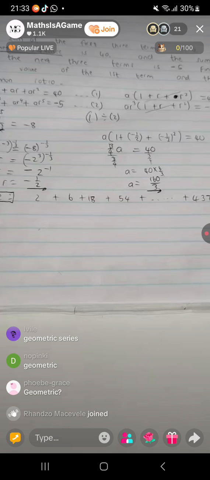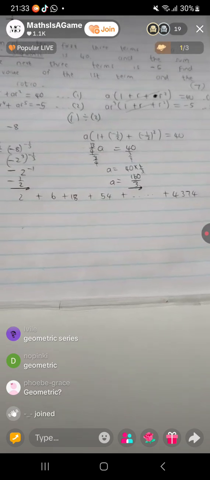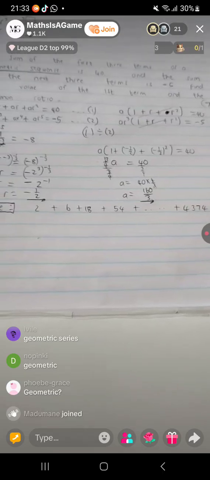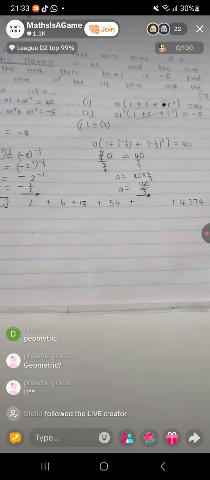Because we must be sure. We can't be iffy, wishy-washy. At this point, because you've learned the concept, you should be able to say it's geometric.